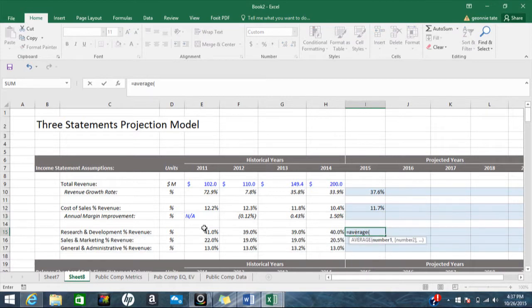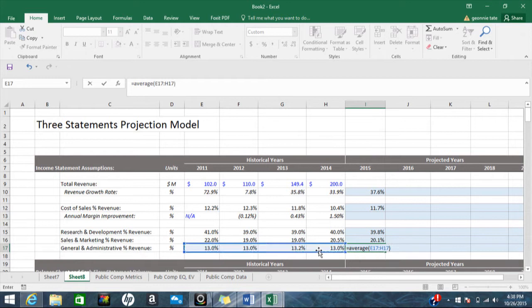And I'm just taking simple averages, as I mentioned earlier, and I will use these numbers to calculate the future projections for the income statement that's further down in my model. And this is the starting point. I'm almost done here.